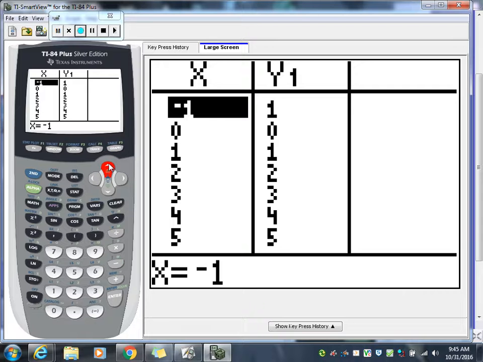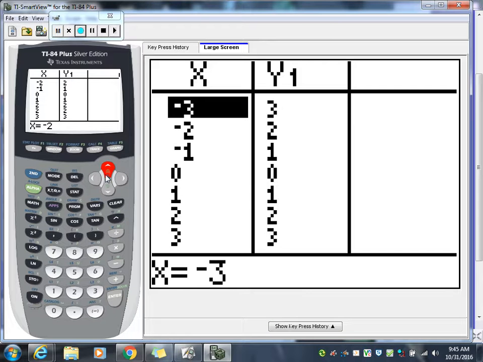So if you arrow up to the top just a little bit, and if you stop at negative 3 when it's up there, you'll have your pattern. My top number and my bottom number are exactly the same. My next two numbers are the same, then my next two, and I have one number right there in the middle. That is your pattern you want to look for in your absolute value graphs.